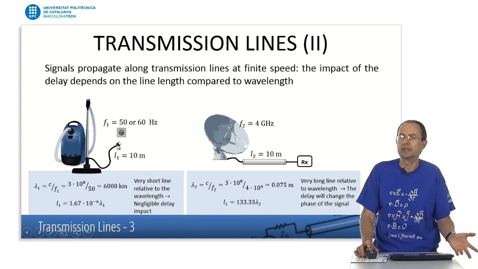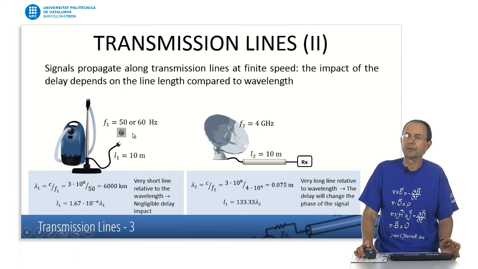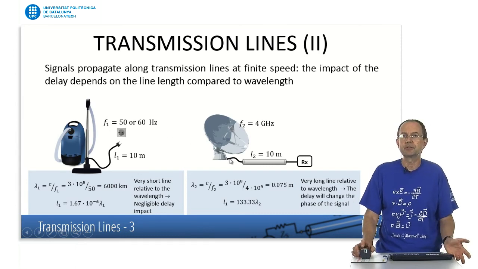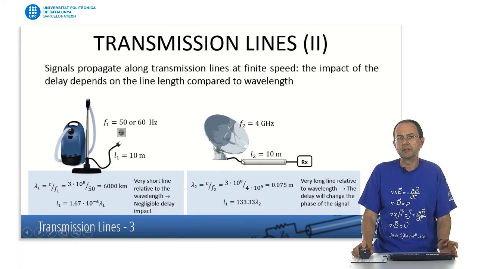This can be completely neglected in front of the period, which is typically around 20 milliseconds, for example, for a 50 or 60 hertz signal. But for fast signals, for example, radio frequency signals or fast digital equipment signals, the delay introduced by the transmission line is not negligible at all.